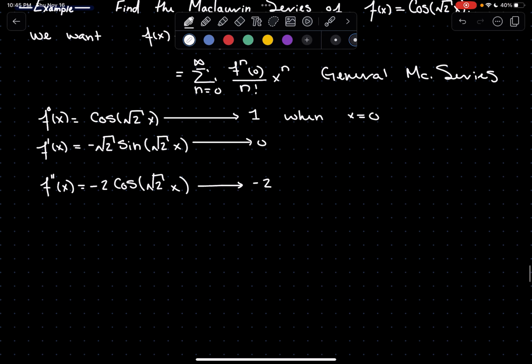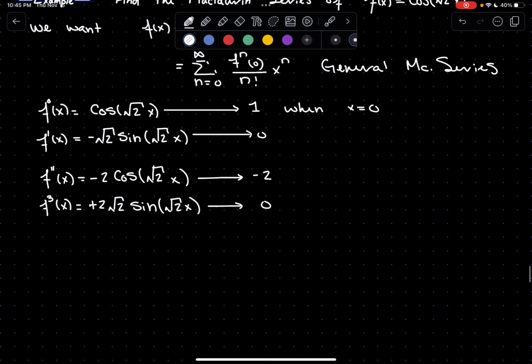And if we keep doing this, I get f, the third derivative of x, is going to be equal to negative 2 root 2 times, oh no, not negative, positive 2 root 2 times, because the derivative of cosine is negative sine, so negative derivative of negative cosine is positive sine root 2x, which ends up going to 0, right?